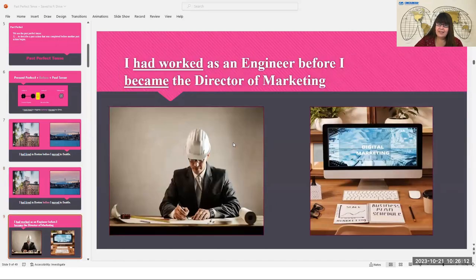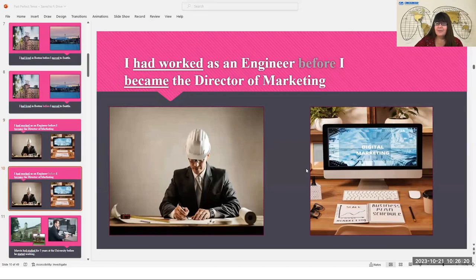I had worked as an engineer before I became the director of marketing. So again, we have before. This happened before this happened, but both are in the past tense. Now you see that the first action we use past perfect, had worked. Second action, we use just the past tense, became.